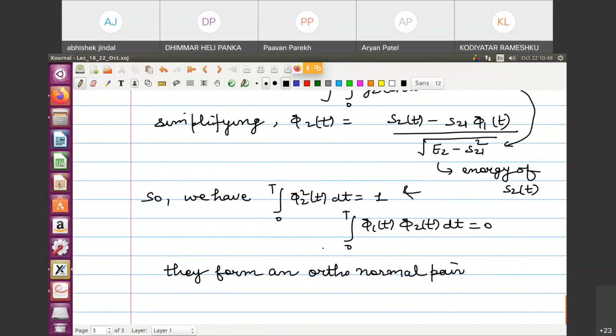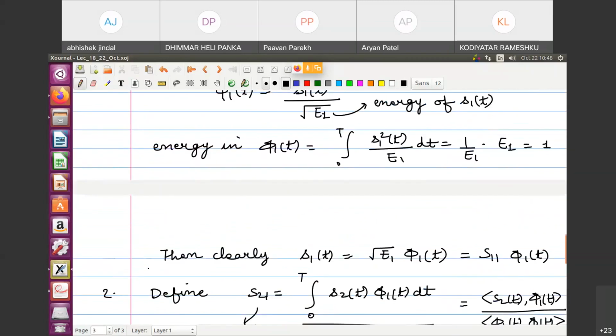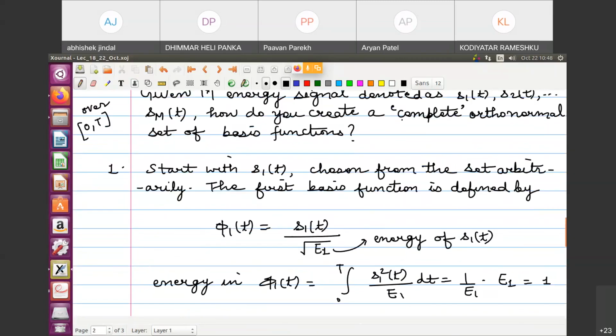Now let us move ahead because we are not finished, because we want a complete orthonormal set. That is important.